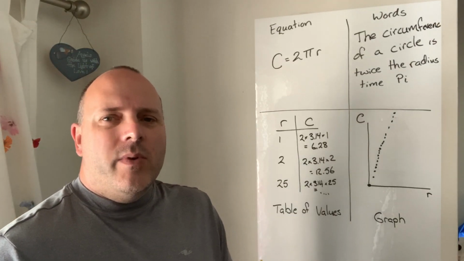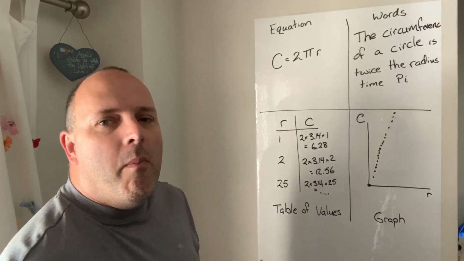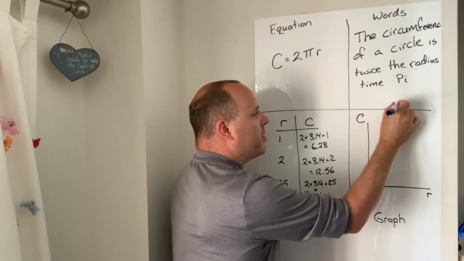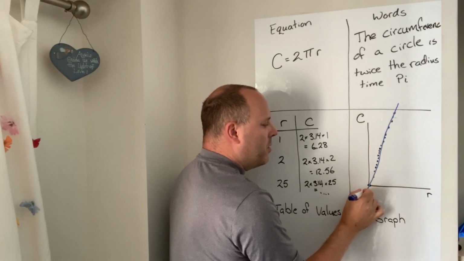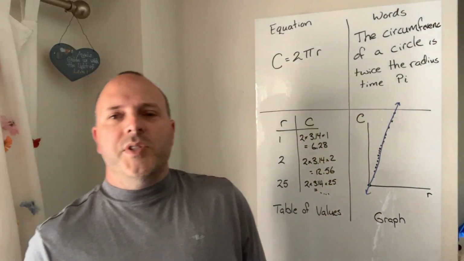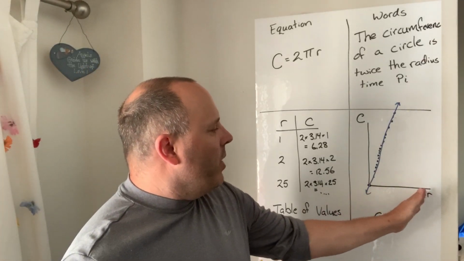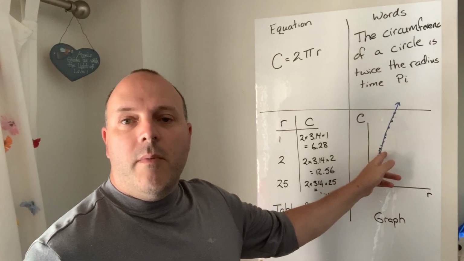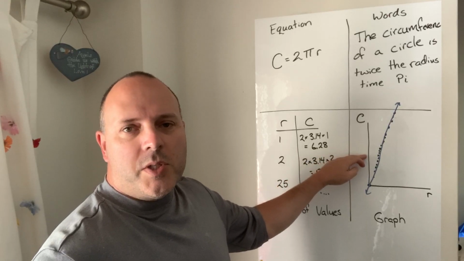I can't really draw an infinite number of points, but what I do on my graph is I connect all these points with a nice straight line to represent in my head for myself that you could pick any radius. Look on the line, find the point that matches on the line, and that will be the circumference.